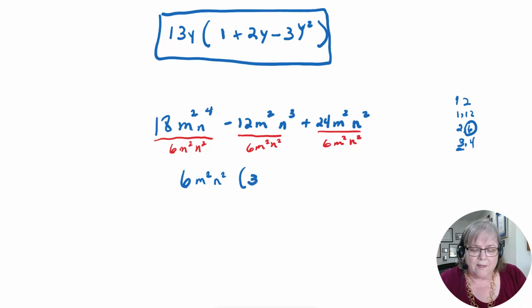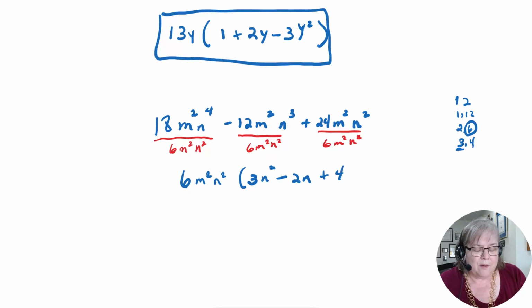All right, I had m squared, I took all of the m squared out. I had n to the fourth, I took n squared or 2 of them out, so I have n squared left. Minus 12 divided by 6 is 2. I had m squared, I divided all of it out. I had n cubed, I divided n squared out, so I have 2n plus 24 divided by 6 is 4.